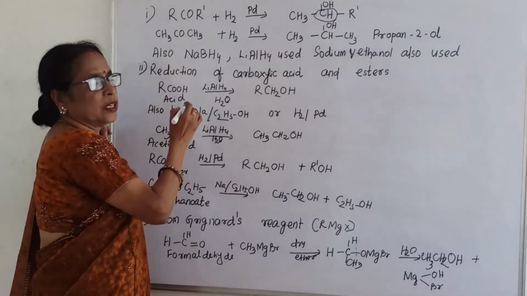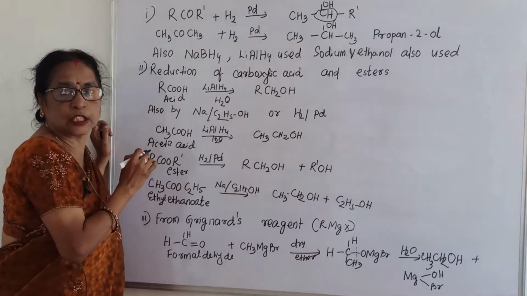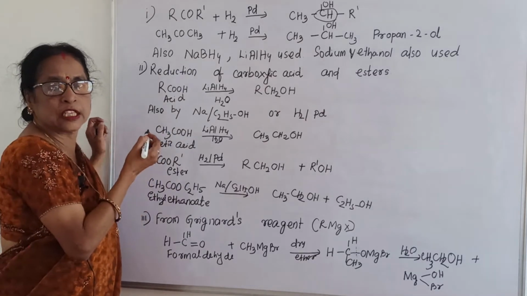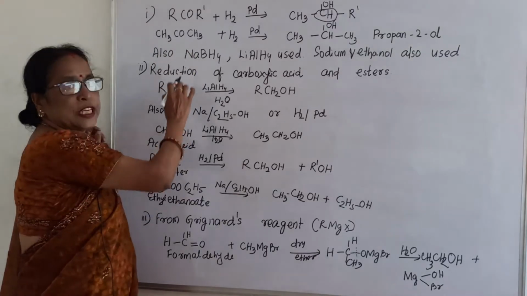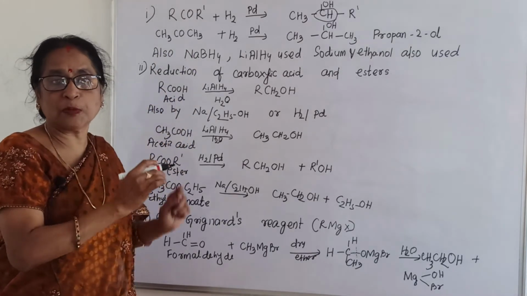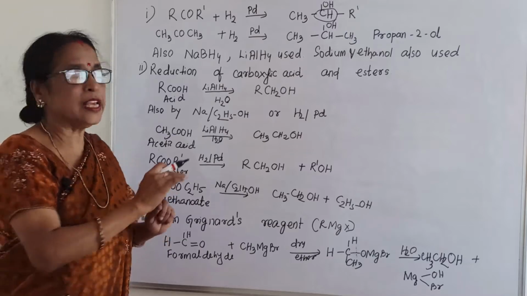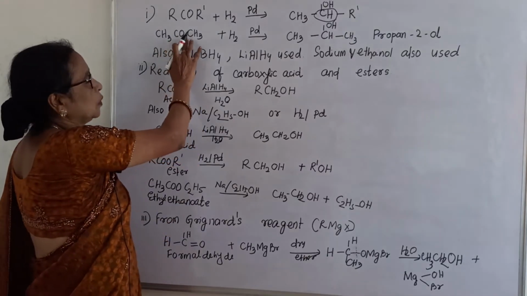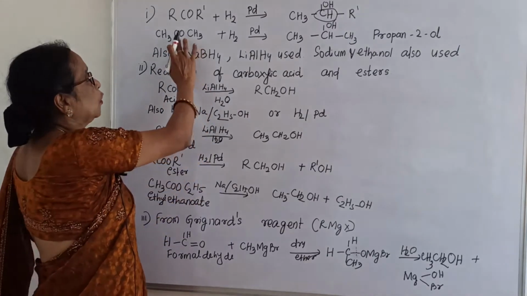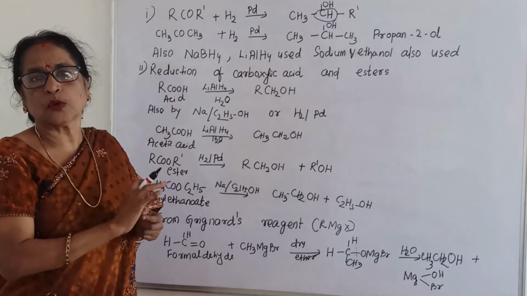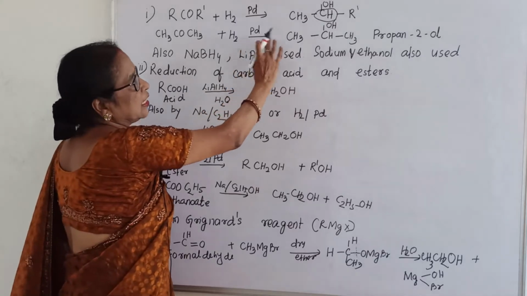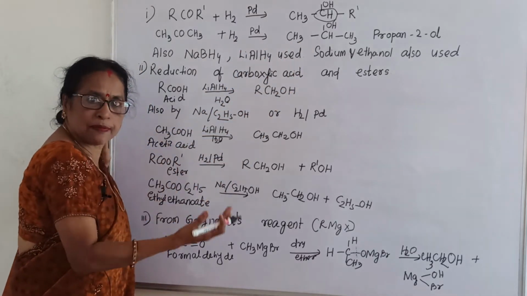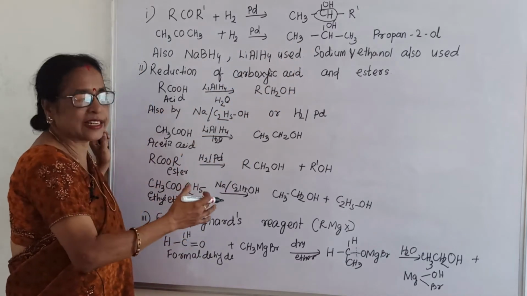Now example, let's see, this is acetone. Common name is acetone, and what is the IUPAC name? IUPAC name is propanone. Why? Because there are 1, 2, 3 carbons and a keto group, that is why it is known as propanone. With hydrogen and palladium as catalyst, it gives alcohol. What type of alcohol? This is a secondary alcohol.